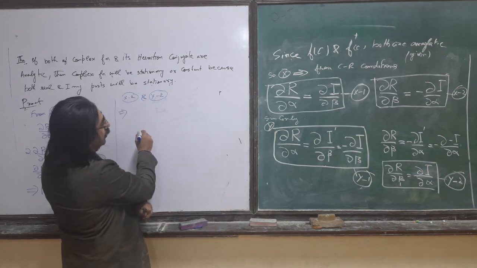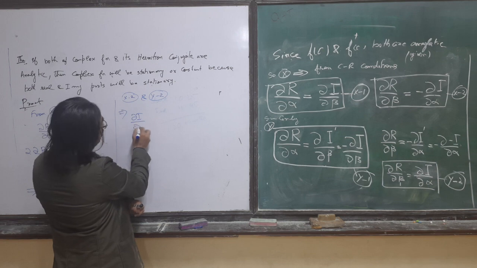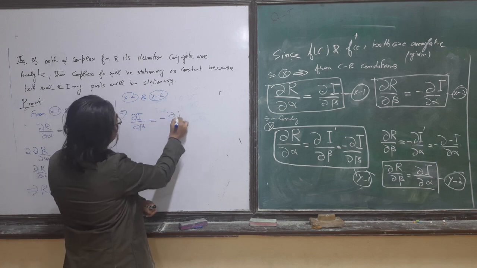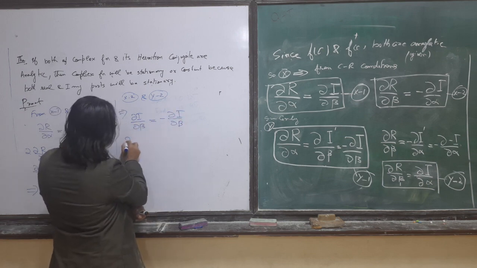Similarly, partial I over partial beta is equal to minus partial I over partial beta.